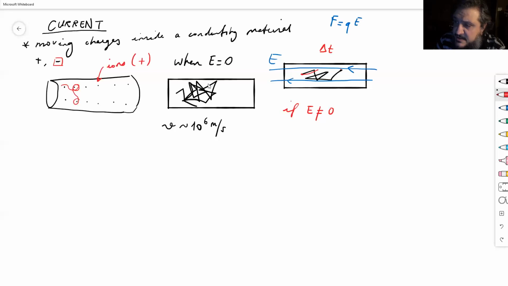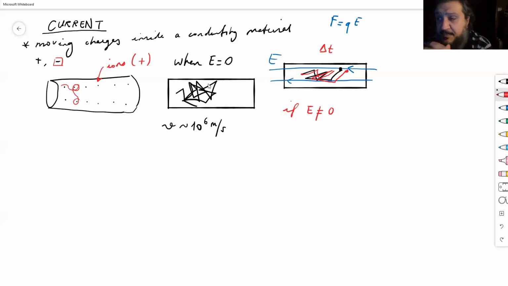I'm exaggerating, assuming that the collision points are the same. So it's still going to undergo those collisions, but while on the move, it's going to move to the right a little bit by the influence of that force. So instead of ending up at this point here, it's going to end up after delta t seconds right there.